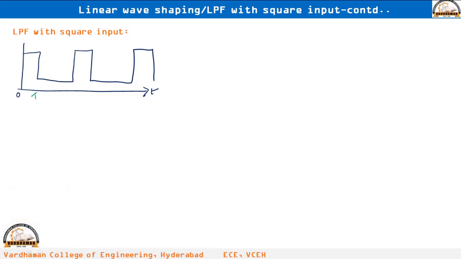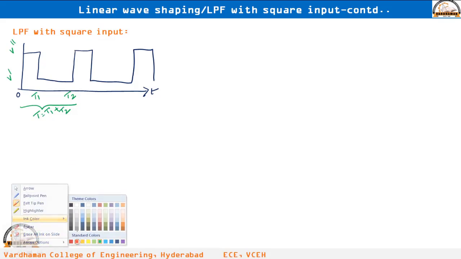On time is up to T1, off time is from T1 to T2. The total time period is T, which is equal to T1 plus T2. The voltage levels are V dash and V double dash. This is about the input.